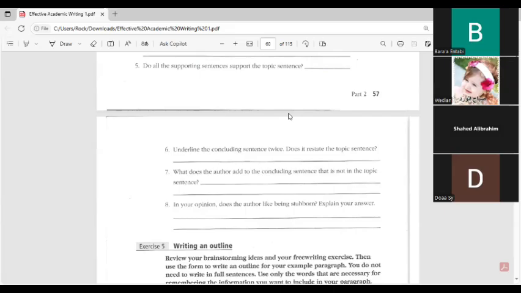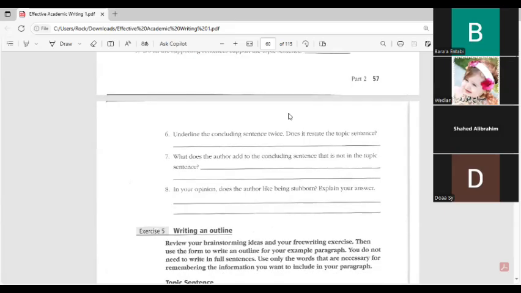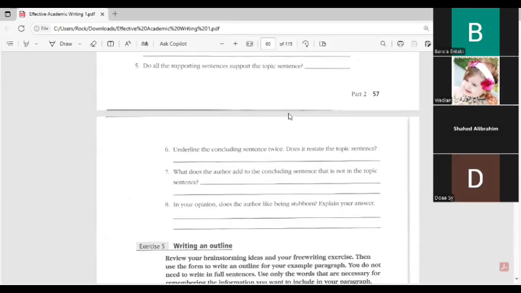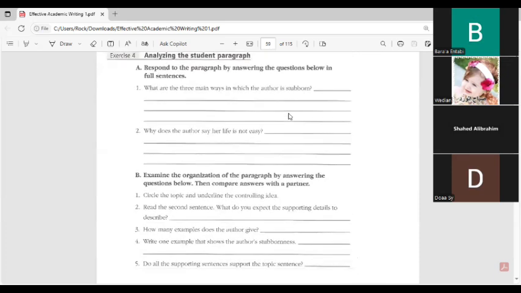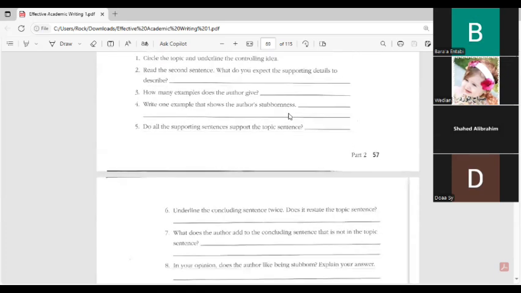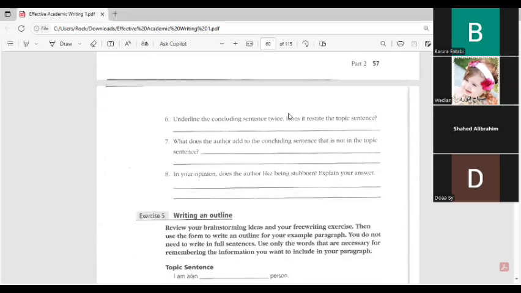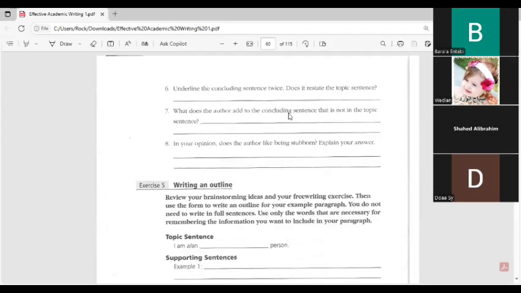What does the author add to the concluding sentence that is not in the topic sentence? I think she added her feelings about being stubborn.